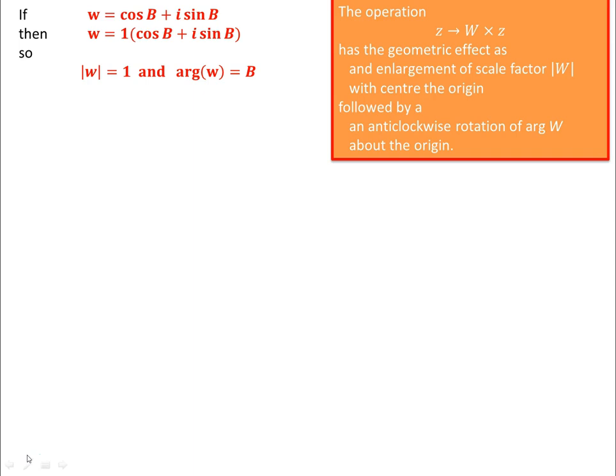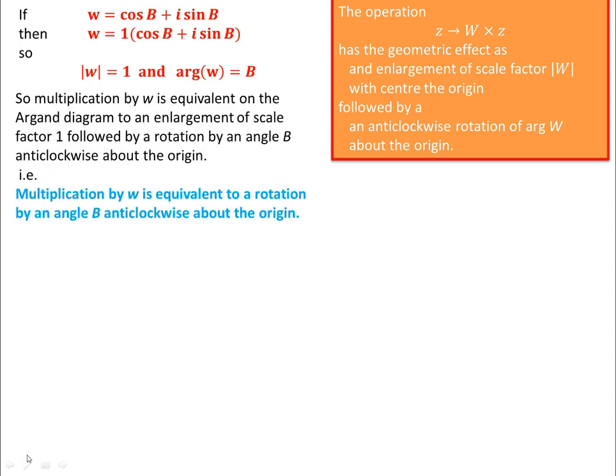So all we've got is that multiplying by little w here is simply going to give us a rotation of b anticlockwise around the origin. So if I start off with the complex number z and multiply it by cos b plus i sine b, then that gives me an anticlockwise rotation of angle b about the origin.